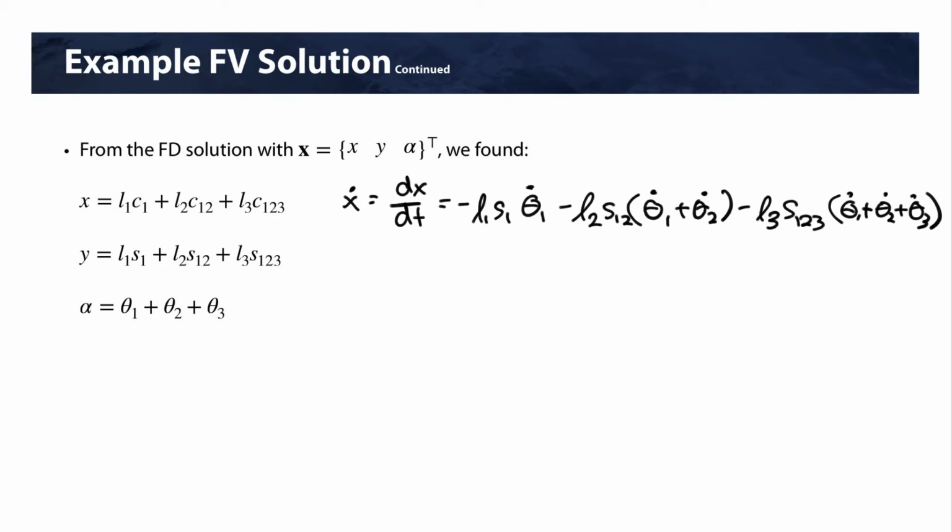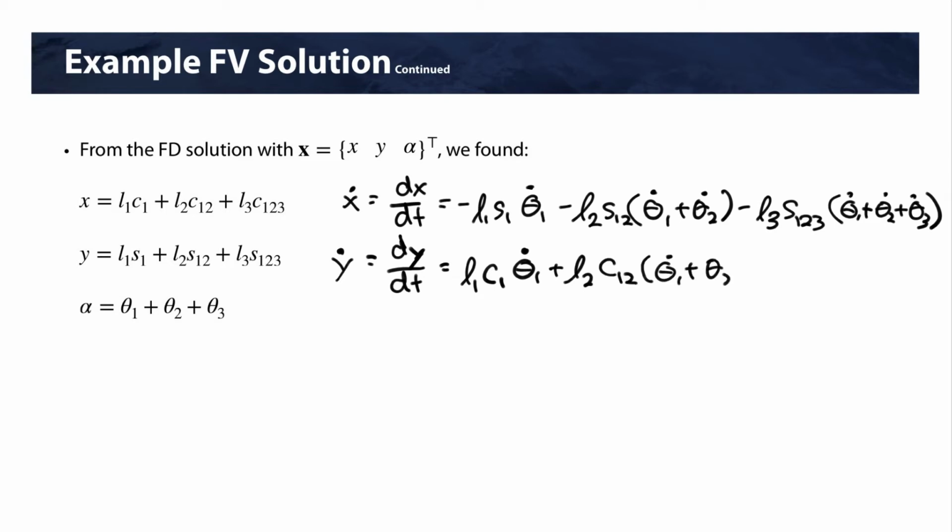We can do similar for y. Y dot is just going to be dy dt. In this case, we'll get L1 C1 theta 1 dot, plus L2 C12 times theta 1 dot plus theta 2 dot, plus L3 C123 times theta 1 dot plus theta 2 dot plus theta 3 dot.